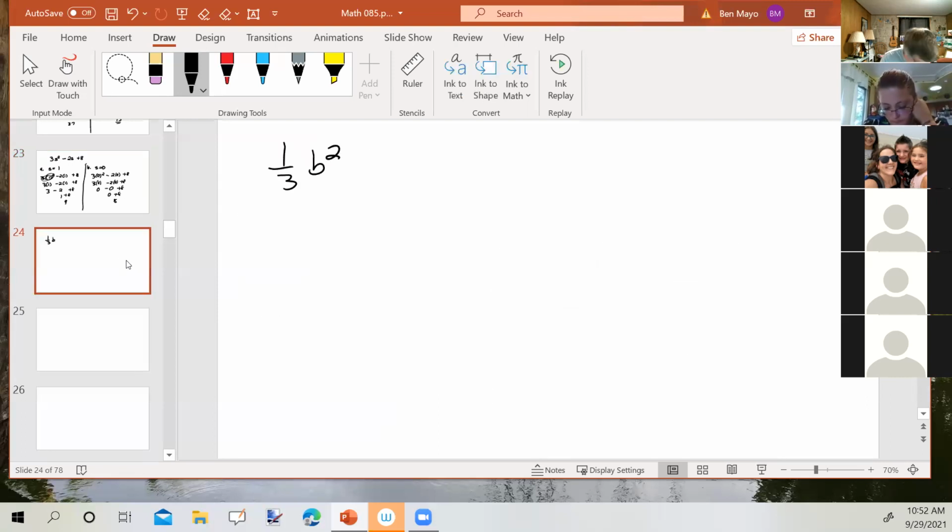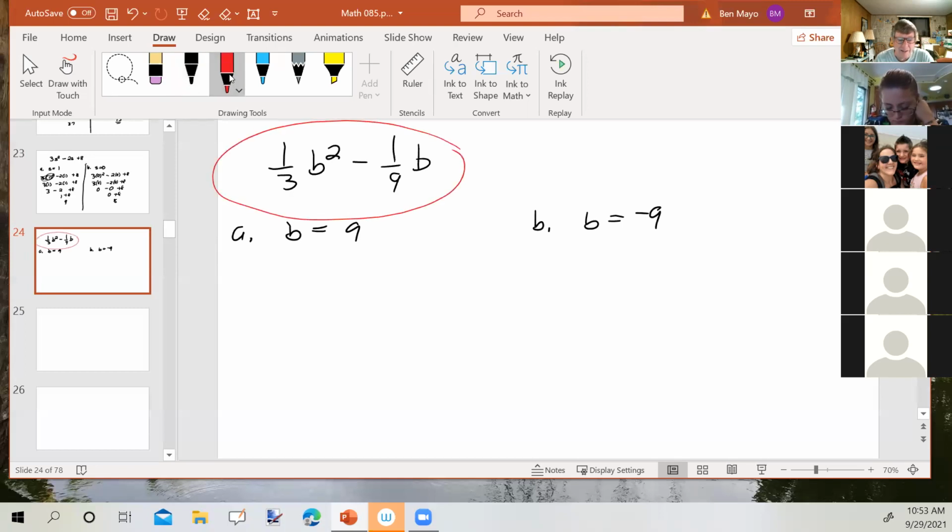1/3 b squared minus 1/9 b. And we have part A, b equals 9, and part B, b equals -9. This is a binomial, right, of degree 2.